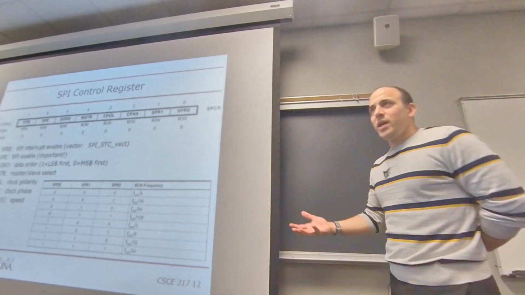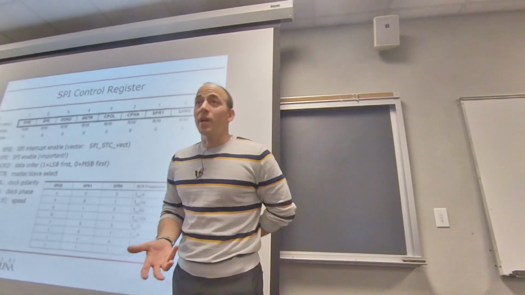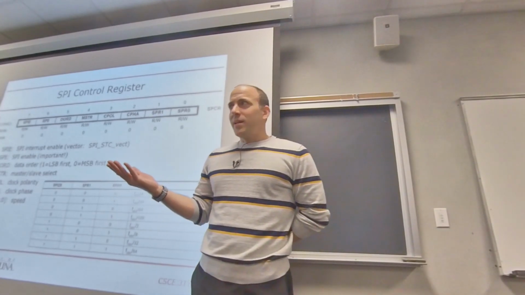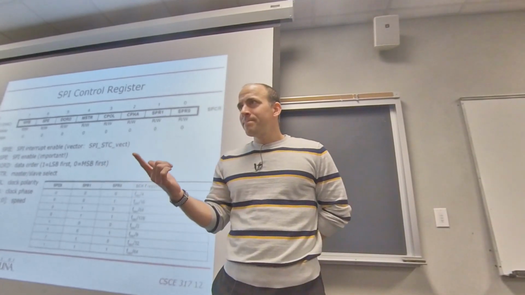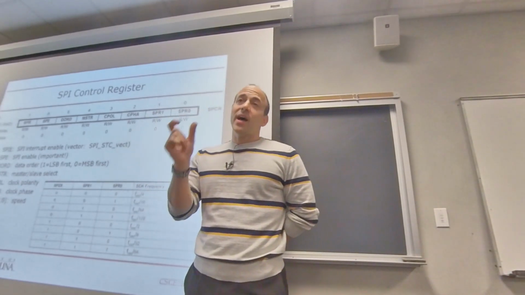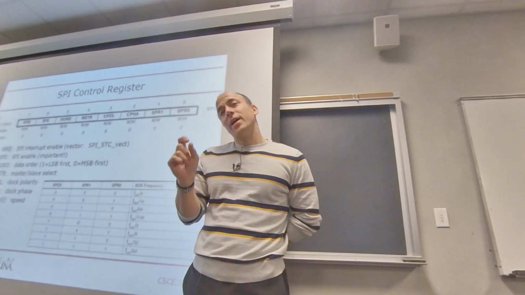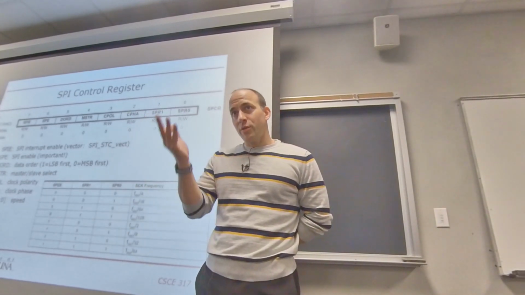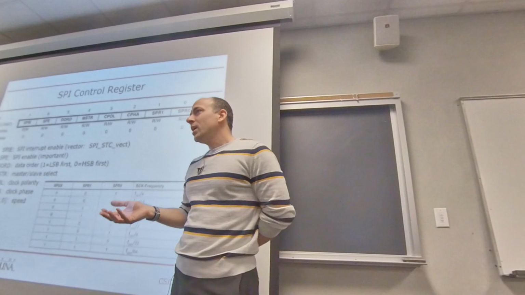So the first question is, how do we generate a clock in software? Anyone have any ideas? Well, you're going to have a GPIO pin that serves as your master clock, and you basically have to set it high and then set it low, according to a fixed period.